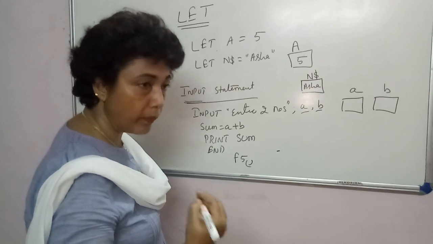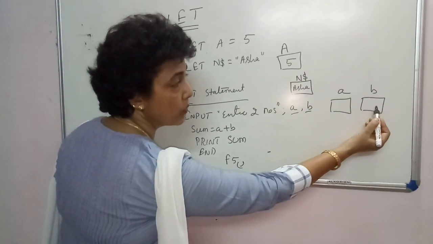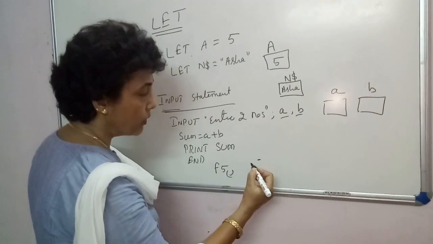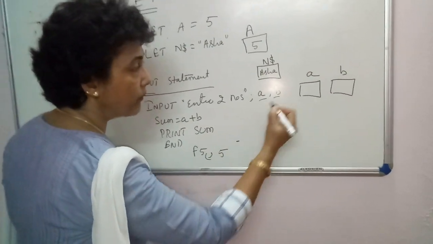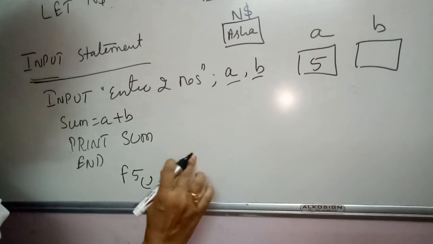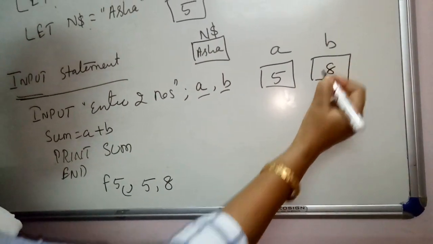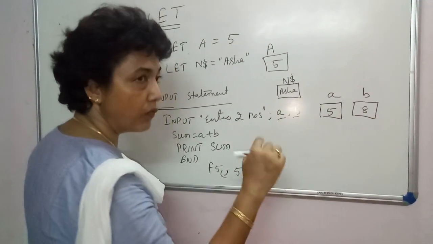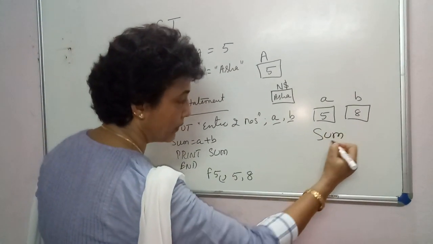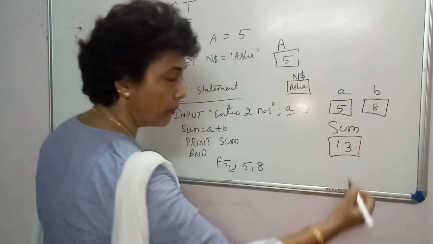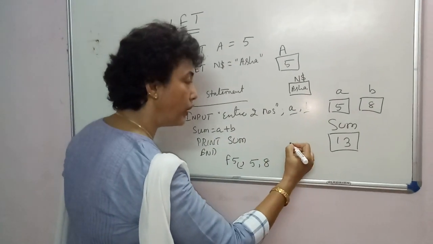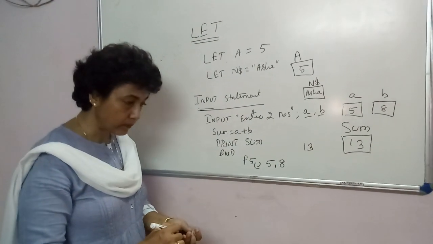That means it is waiting for me to give 2 numbers that have to be stored in the 2 variables A and B. For example, if I give 5, this 5 will go to A, and if I give 8, this will go to B. Then SUM = A + B is in the memory. 5 plus 8 will get added and stored in the variable SUM, that is 13, and on executing the statement PRINT SUM, it will print 13 on the screen.